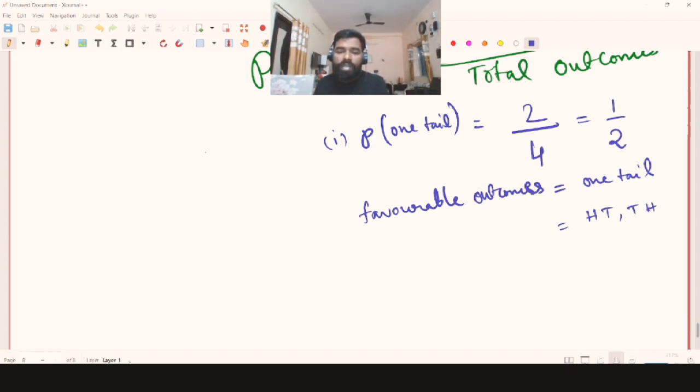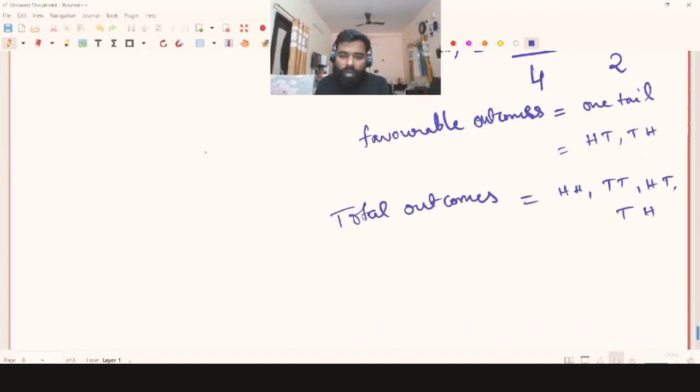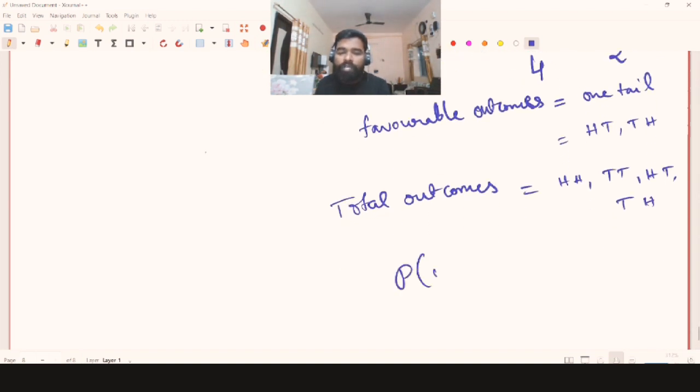And total outcomes is equal to head head, tail tail, head tail, and tail head. So these are the total outcomes. So now you can say that the probability of one tail is equal to 2 by 4, and that is 1 by 2 after cancelling.